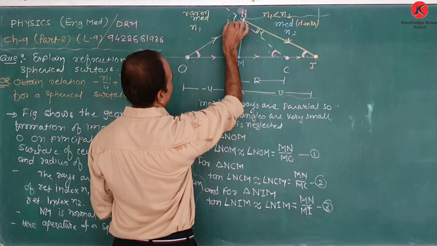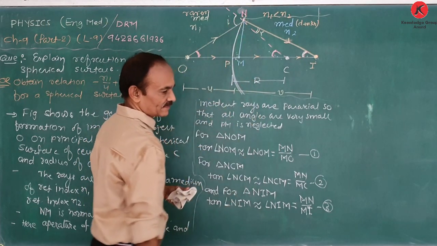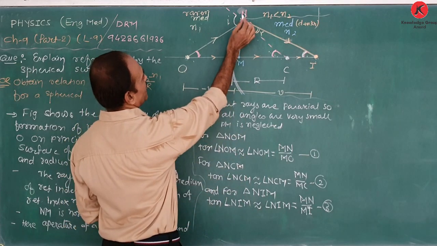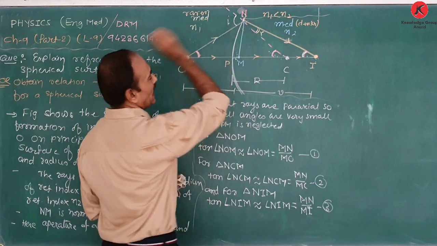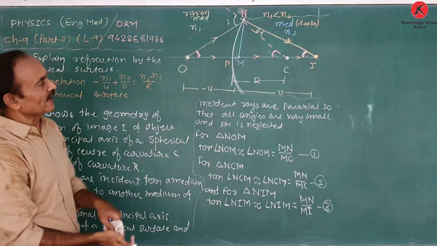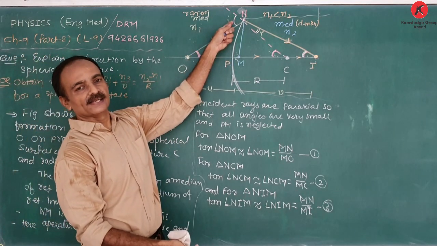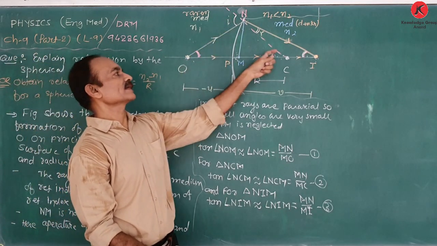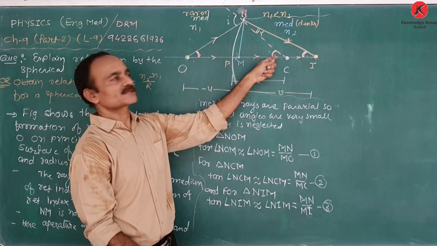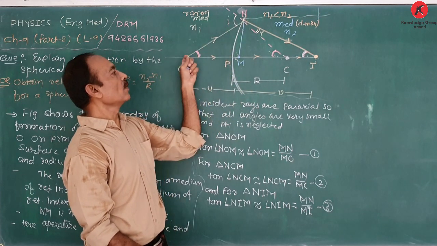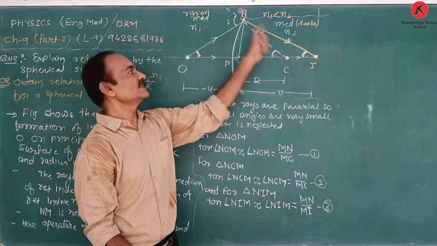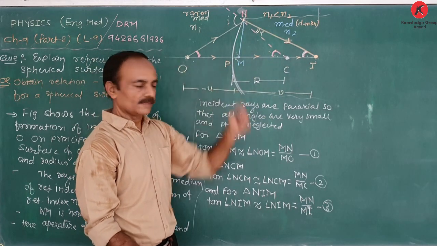The angle of incidence i is an exterior angle. Therefore, i is equal to the sum of these two angles, NOM and NCM.